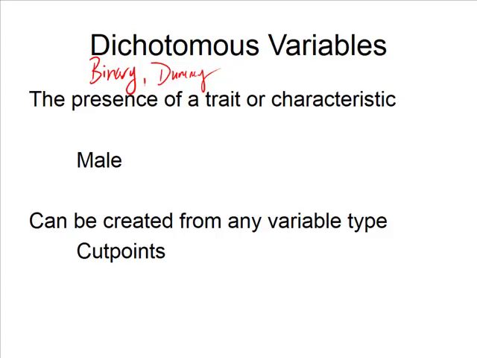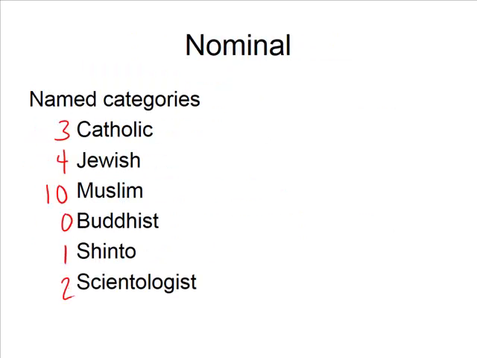What could we do with that? We could take something that originally we think is dummy and we could change it into nominal. Right? We could say, this male, not male thing's kind of hard because we have somebody that's biologically female that has a beard. And we could create different categories. Right?